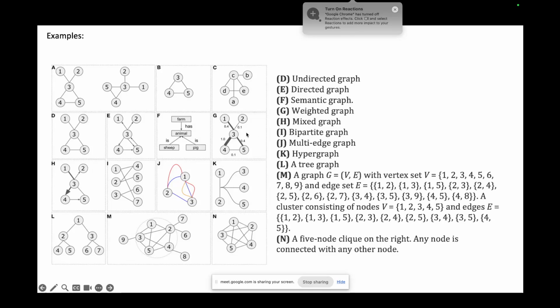Then you have weighted graphs, where the thickness of the edge denotes the weight of the connection between two nodes. The darker the edge, the more tightly connected the nodes are. An edge weight of 0.1 is given by a much thinner line compared to an edge weight of 1.